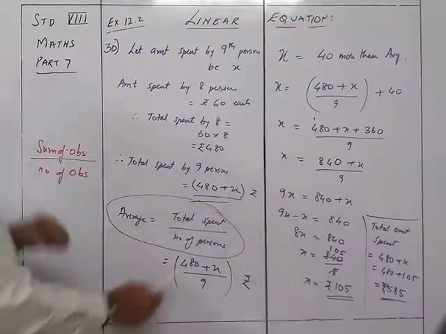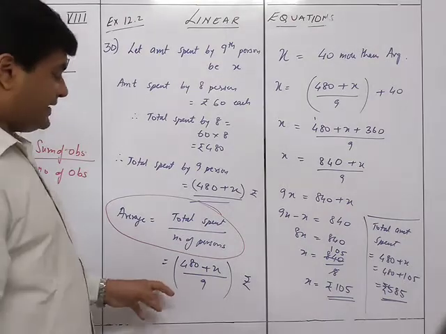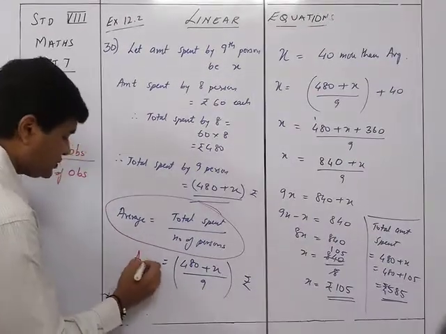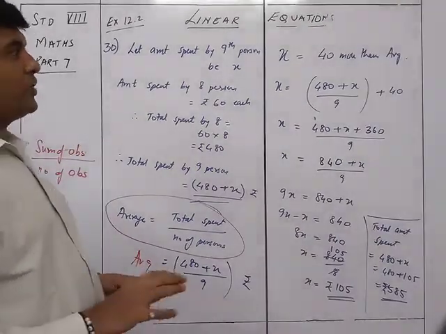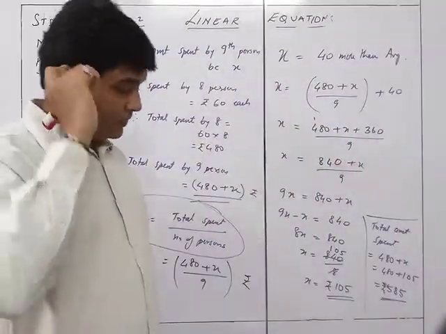That comes out to be 480 plus x, and the number of persons, the number of observations, is 9. So that is the average. Accordingly we know that x is equal to 40 more than the average, and hence you are getting this equation.